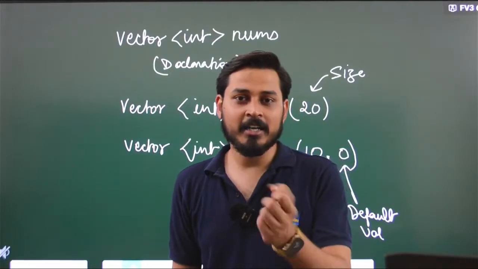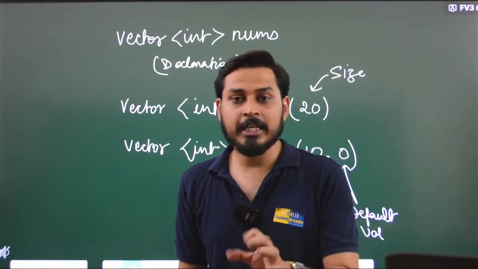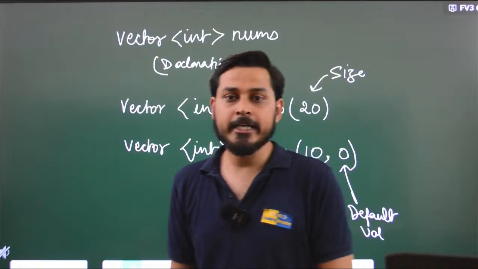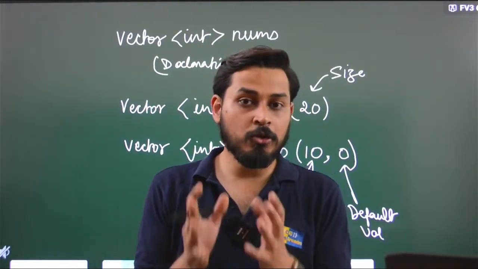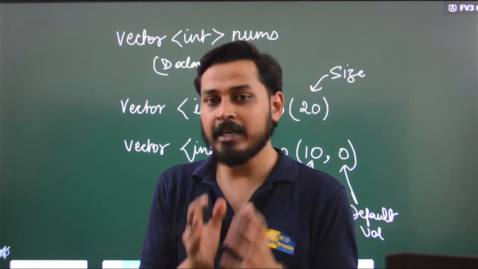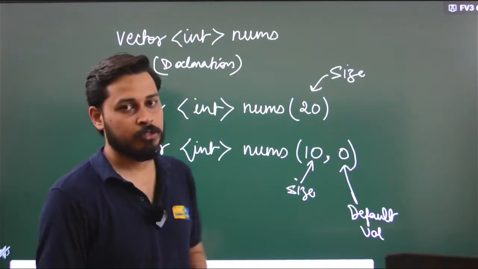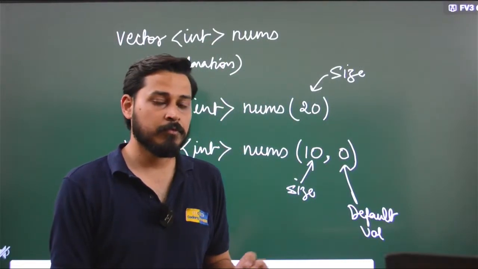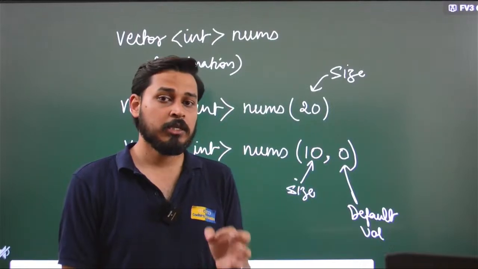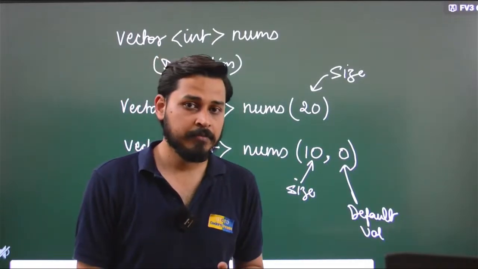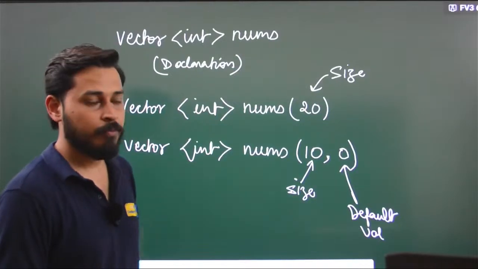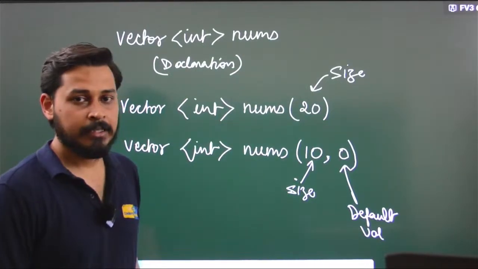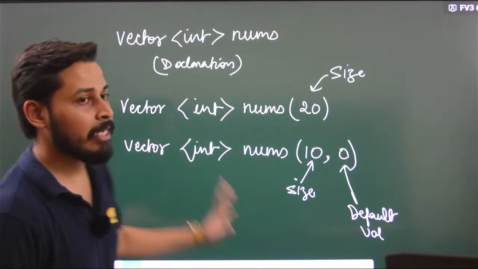If there are 10 members and you need all the 10 members initialized to 0, then you should know the size, and that is the reason this syntax follows. I hope it is very much clear to all of you, right? So basically this is the default value, this is the size, and this is how you declare and use vectors.